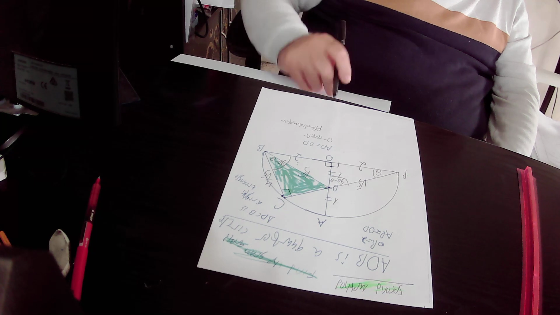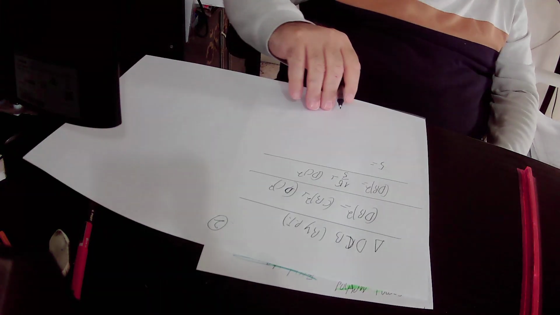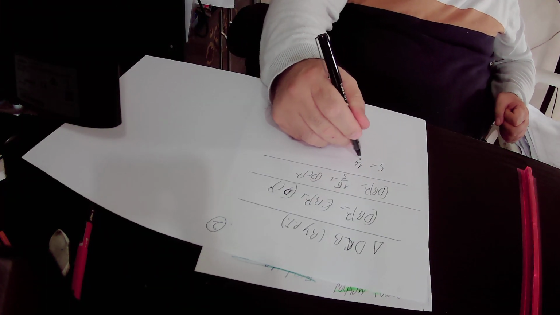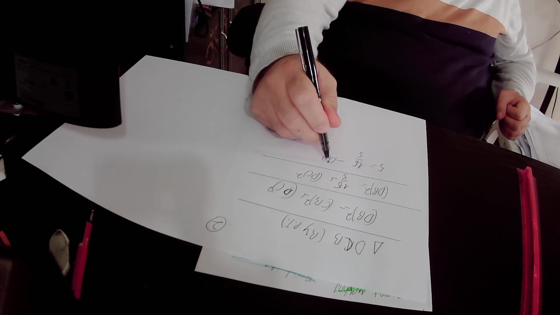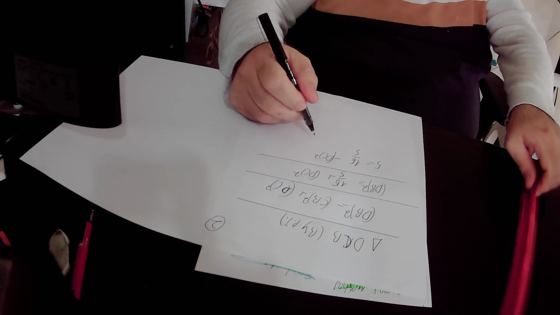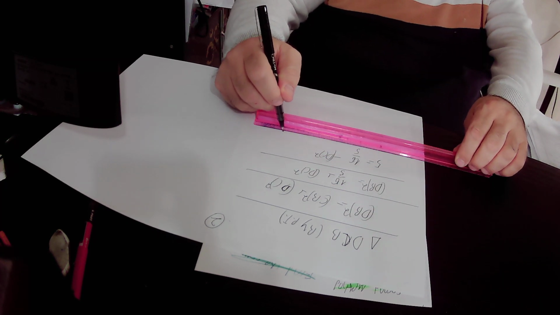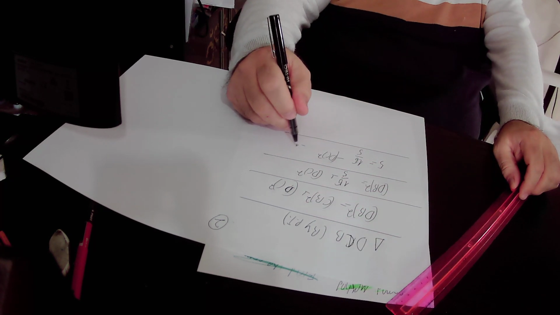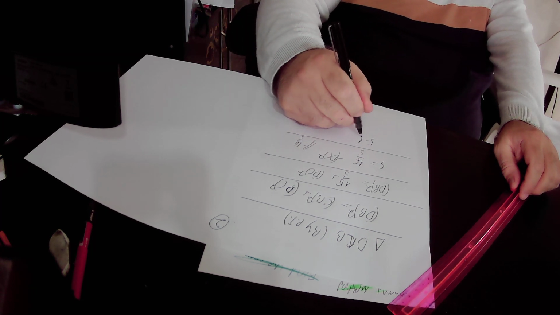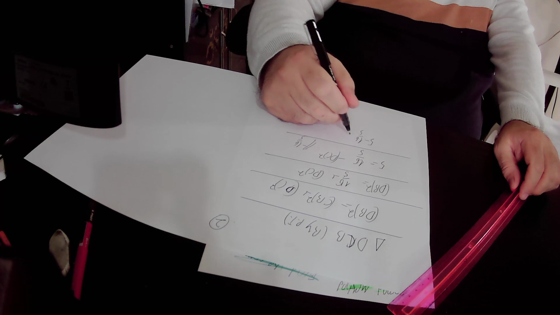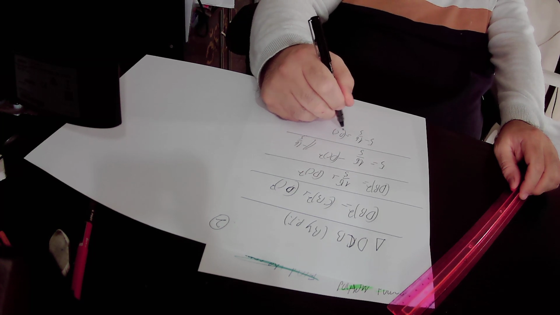So 5 equals 16 over 5 plus DC squared. We will subtract 16 fifths from this equation, and we will get that 5 minus 16 fifths equals DC squared.